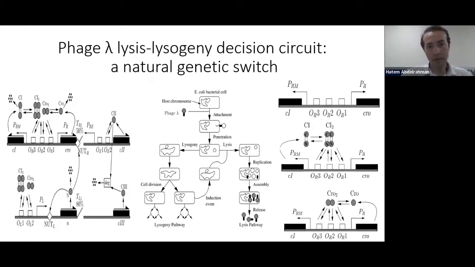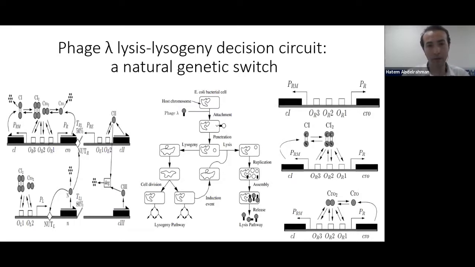This is an example of a genetic circuit used by phage to decide whether to go for lysis or lysogeny. When the phage infects the cell, it can make two decisions: it can proceed with the lytic pathway and make copies of itself, or it can integrate into the bacterial genome, and in this case it remains dormant until it makes a lytic decision later on in its life cycle.